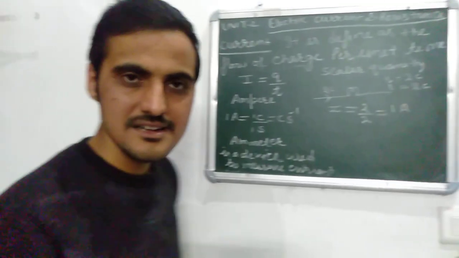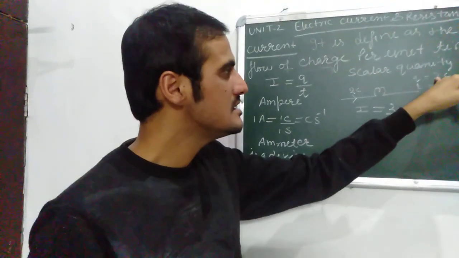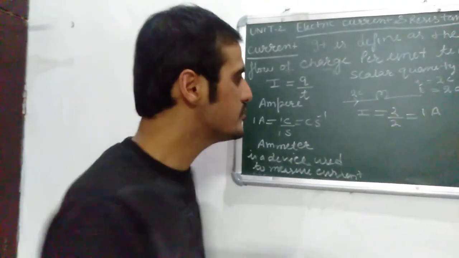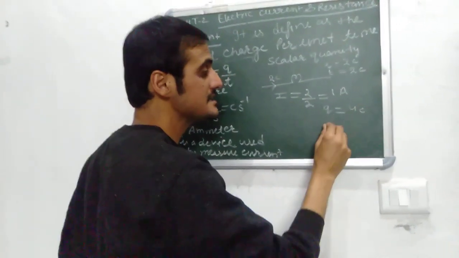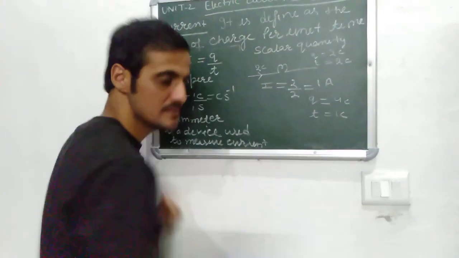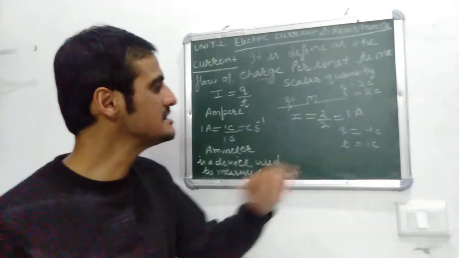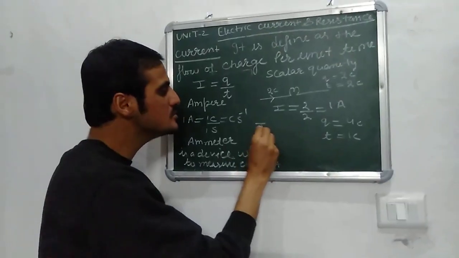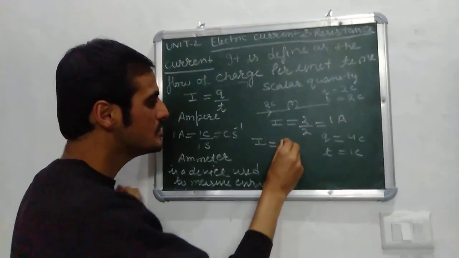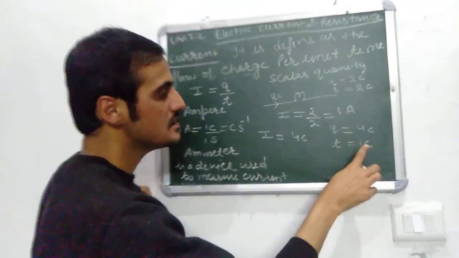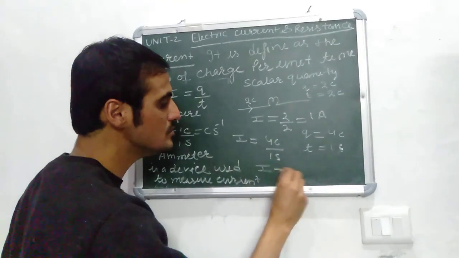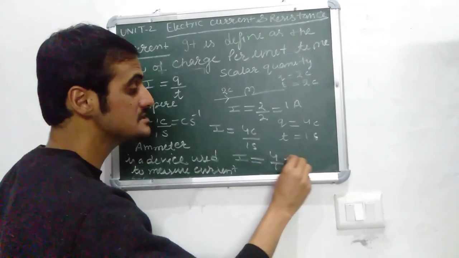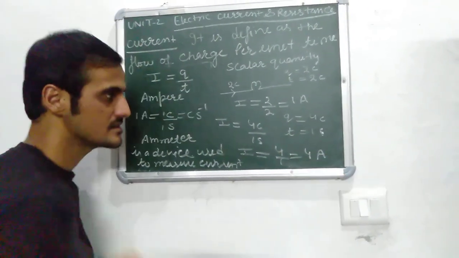Okay. Now I am changing the value. I will take a charge of 4 coulomb and a time of 1 second. What will happen in that case? I is equal to 4 upon 1 second, I is equal to 4 by 1, which comes out to be 4 ampere.